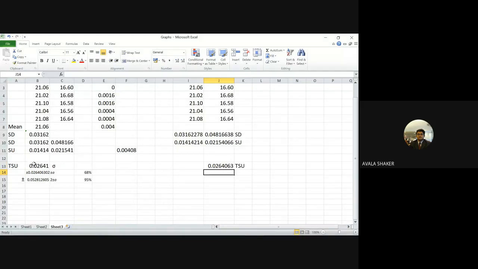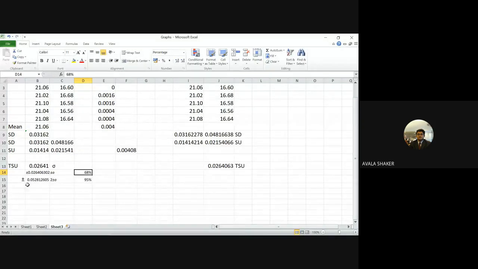So now this is your total standard uncertainty. This is nothing but when you write plus or minus as you report your uncertainty here, right? So what is the level of confidence? This is 68%. The expanded uncertainty is 2 times this, which way it becomes 4 sigma.